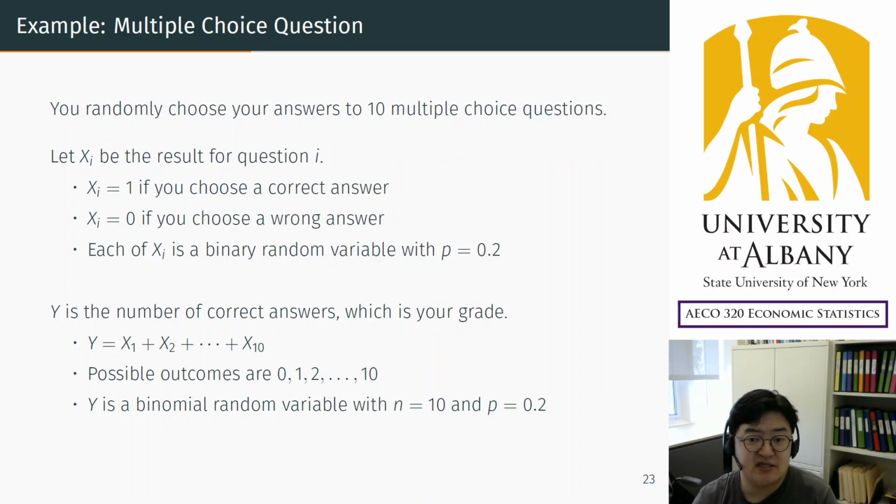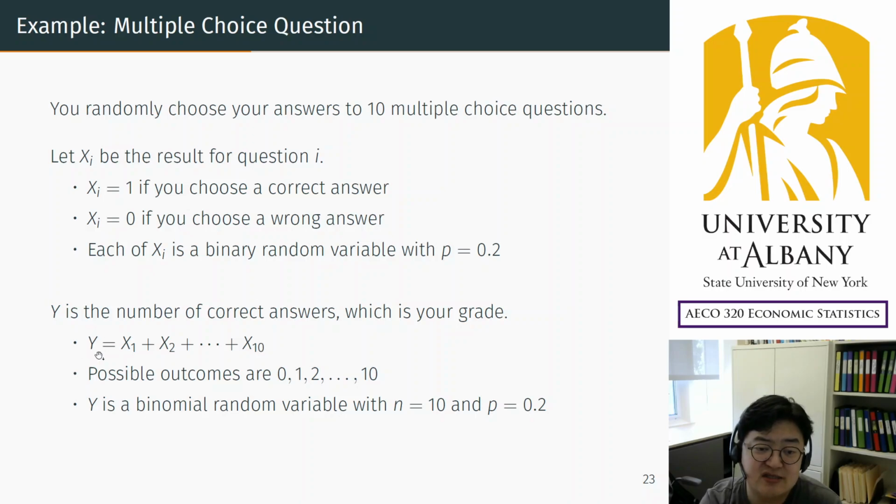This is the example we have considered so far. The binary case is actually one special binomial distribution. Let's say xi is the result for question i. If you choose the correct answer at question i, you get 1 point, otherwise 0, and the probability is 20%.